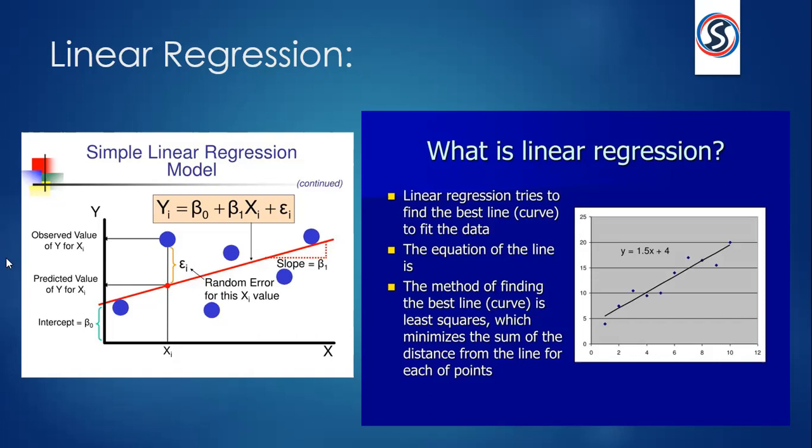Now whenever we are trying to reduce this error, we have to deal with this beta 1 and beta 0 values, that means with my slope and my intercept. We have to change these values again and again, doing the iterations, right?